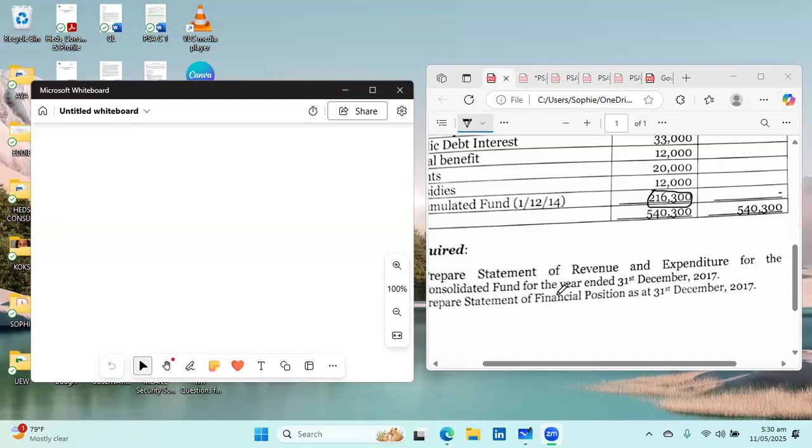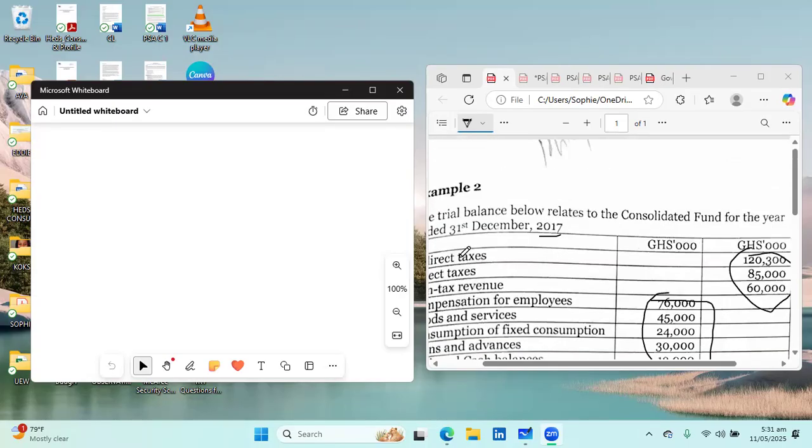In all these instances, the revenue streams sometimes are different. Because we are asked to prepare revenue and expenditure for the consolidated fund, you see things like taxes and indirect taxes.